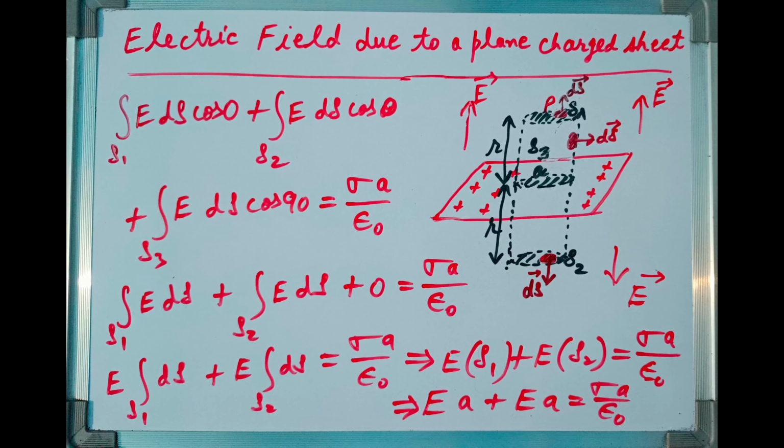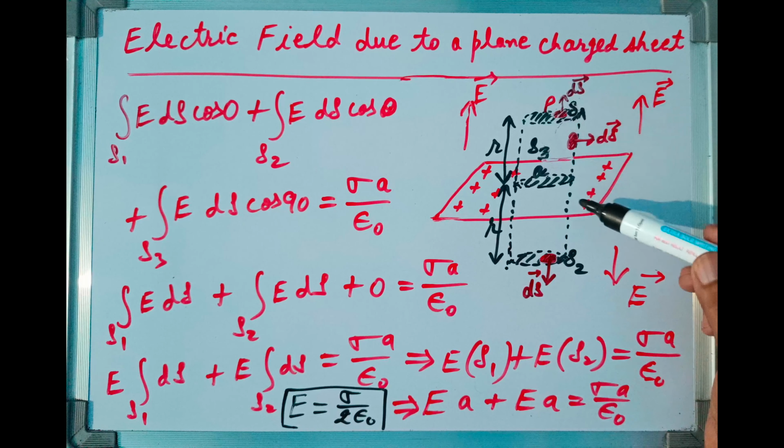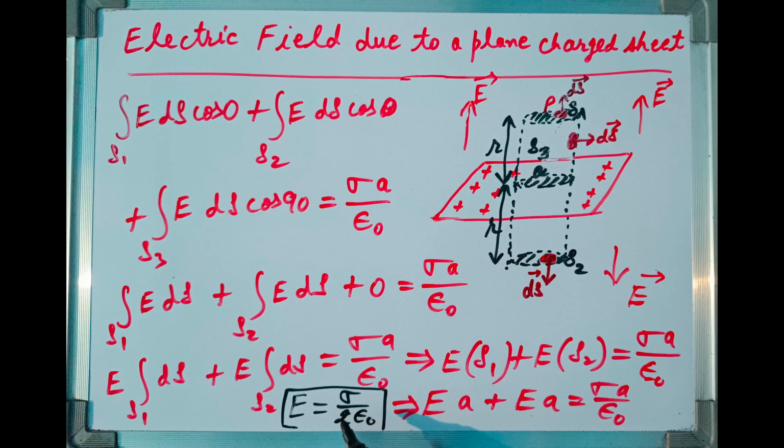By solving this equation, we can prove that electric field is equal to sigma upon 2 epsilon naught. This is the final expression for electric field at point of observation P, due to this sheet of charge having surface charge density as sigma. That's all.